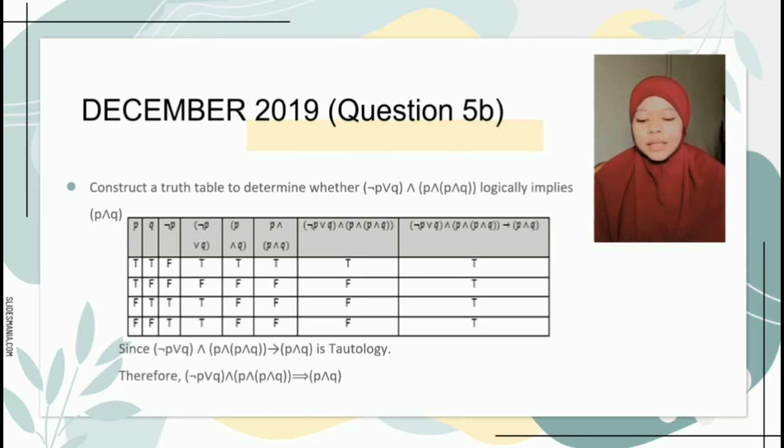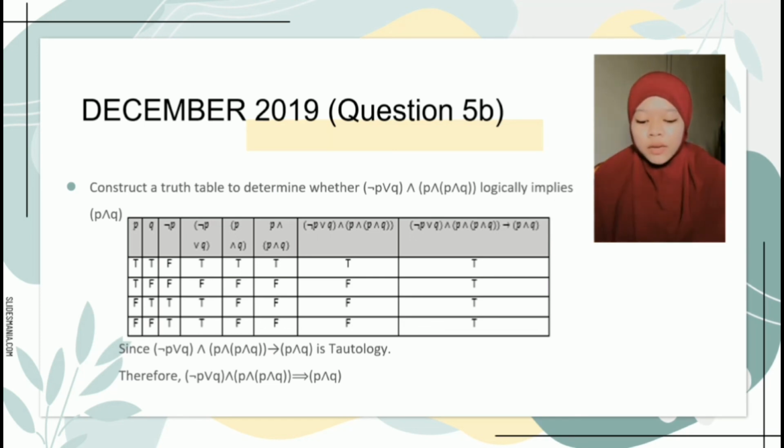Then next, P and Q. For P and Q, we look at columns P and Q. For the symbol of and, if true and true, we get true. Other than that, we get false. So here, number 1 we get true, number 2 false, third false, and fourth false.